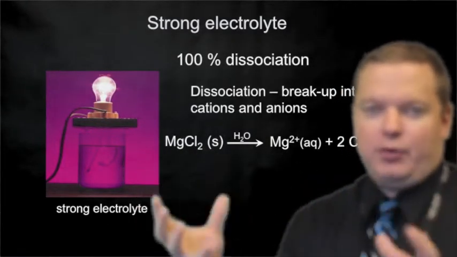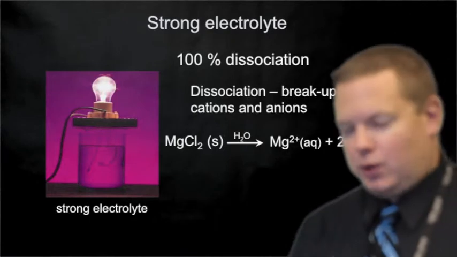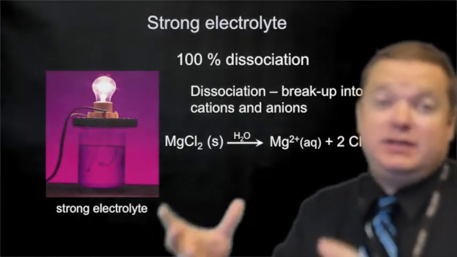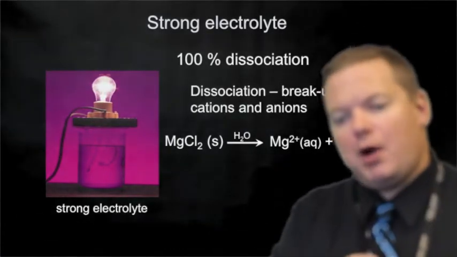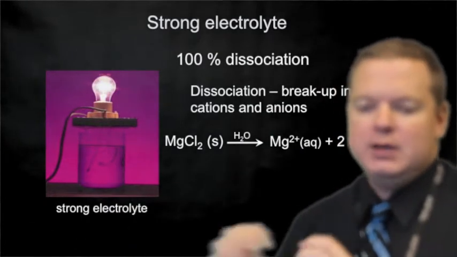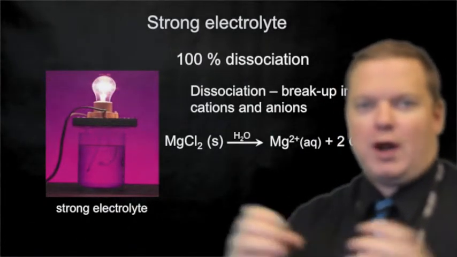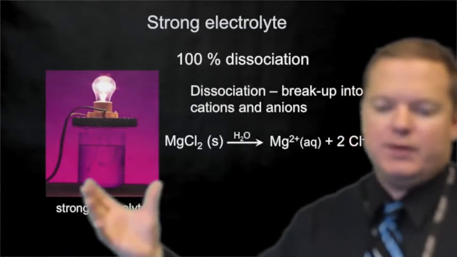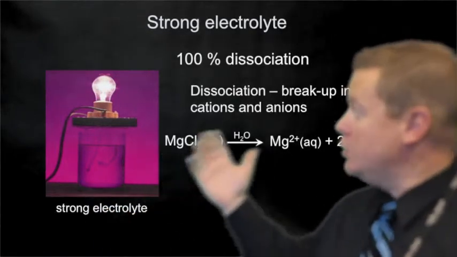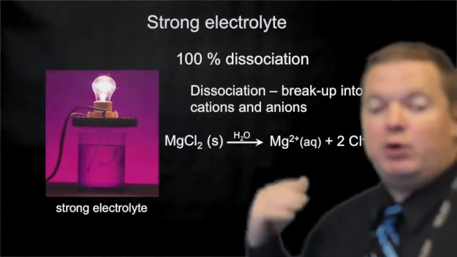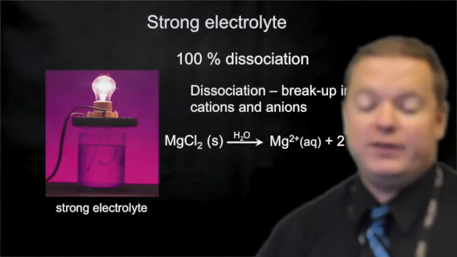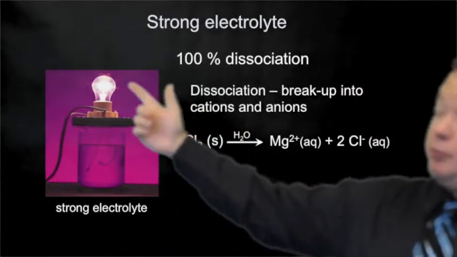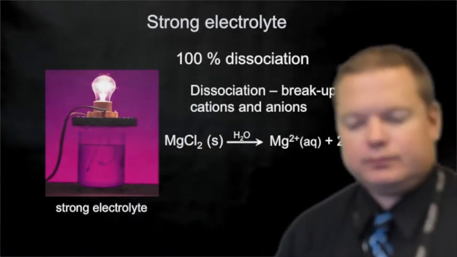So we end up with 3 total ions because of the 2 chlorides. All that exists in that solution is the water molecules and these ions. The magnesium chloride completely breaks apart in the solution, so we have a large amount of charge in that solution. We're able to conduct a lot of electricity fairly easily. We get a nice bright bulb.